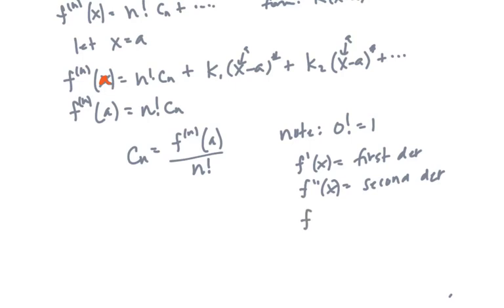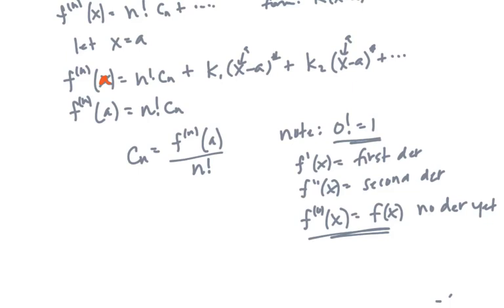So think about the fact that f of 0 of x means the original function, f of x, because there's no derivative yet. So this is our first note right here, and our second note is that if you're taking the 0 derivative, that's not even a thing, then we call it f of x because you're not taking a derivative yet.